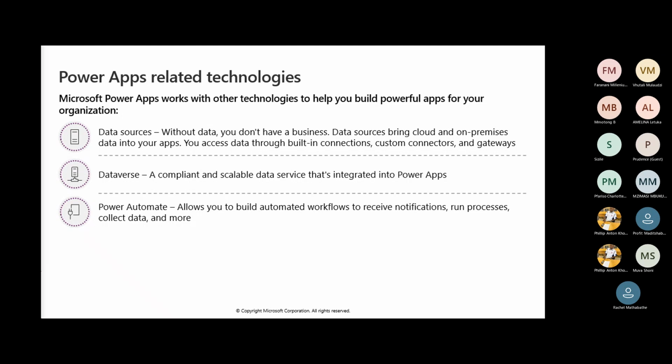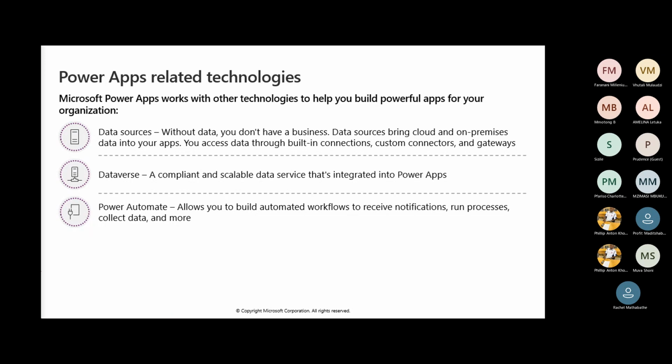We have data sources, a lot of them, by the way, right? Without data, you don't have a business, right? Data sources bring cloud and on-premises data into your app. You access data through built-in connections, custom connectors and gateways.